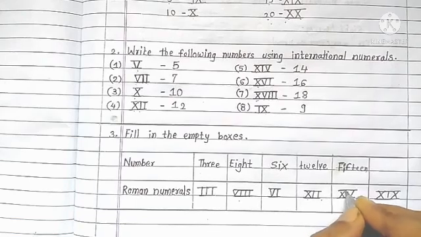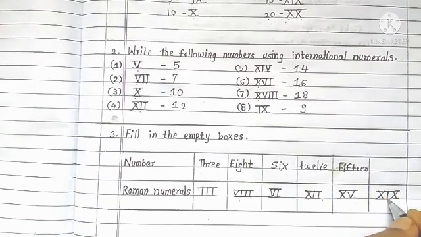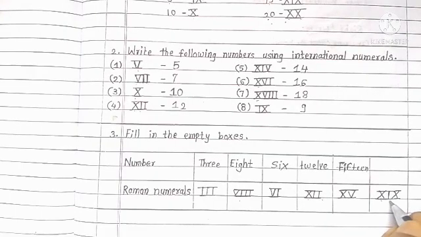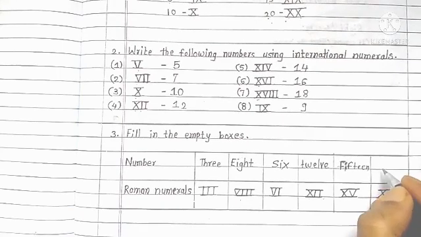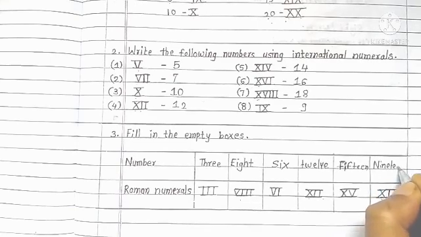XV represents the number 15. Then X means 10 and IX means 9. 10 plus 9 is 19. So you write the number 19.